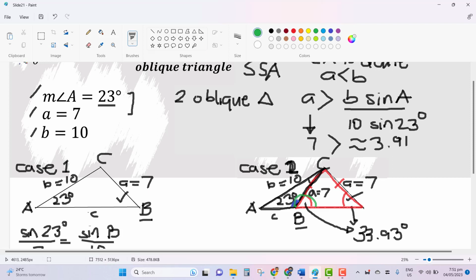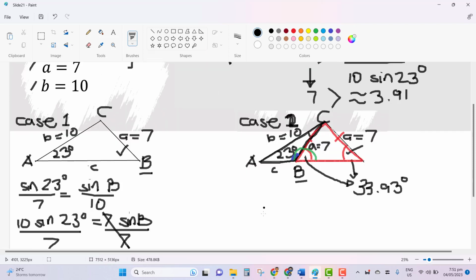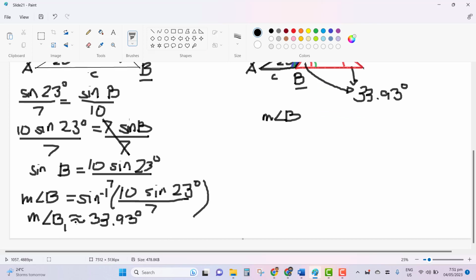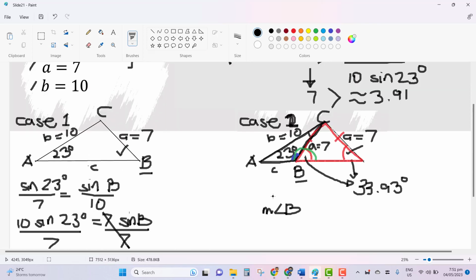In short, the sum of these two angles is 180 degrees. Without using the law of sines, we can solve for angle B, the blue colored angle, being supplement to 33.93 here, which is the base angle, originally solved as angle B1.